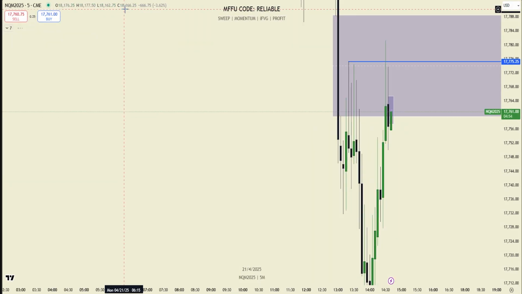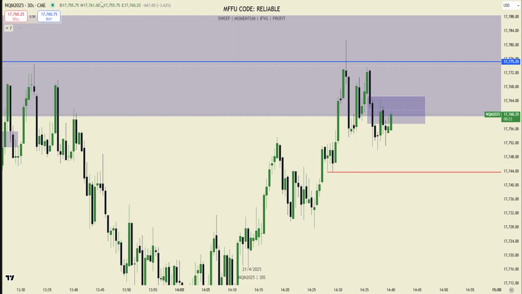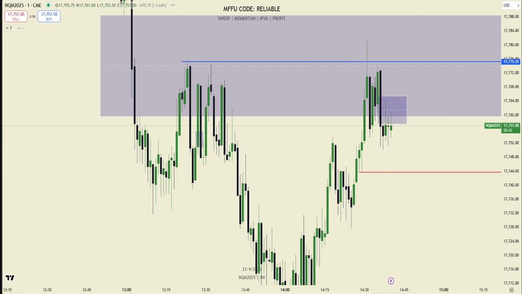Okay, so new 5 minute candle formed there. Getting really choppy.